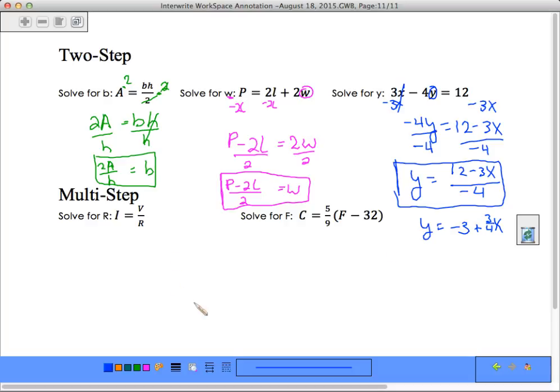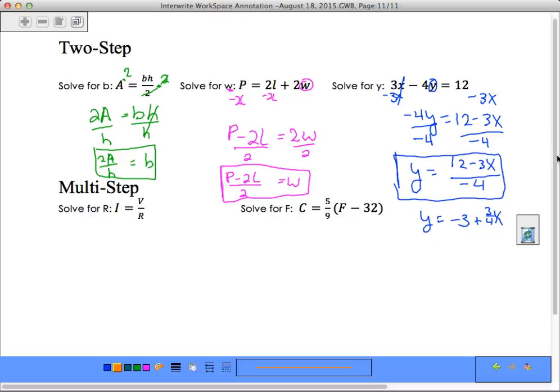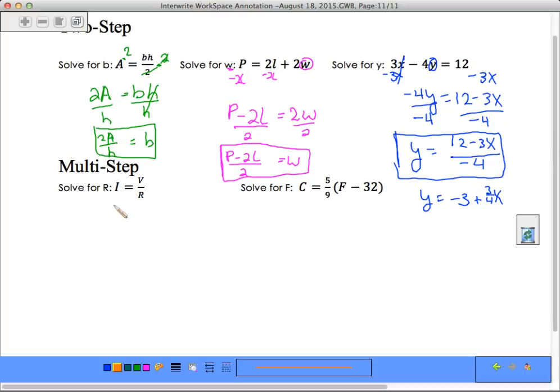All right. Moving down to our last section. Here's some multi-step ones. Here we have I equals v over r. We want to get r by itself. So here I have division. To undo division, I multiply. This one's a little strange because what we're looking for is on the bottom. So when I multiply, I'm not done.